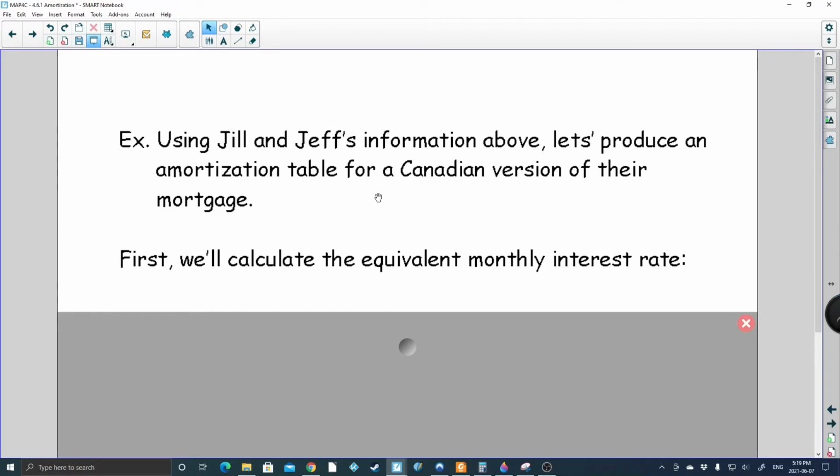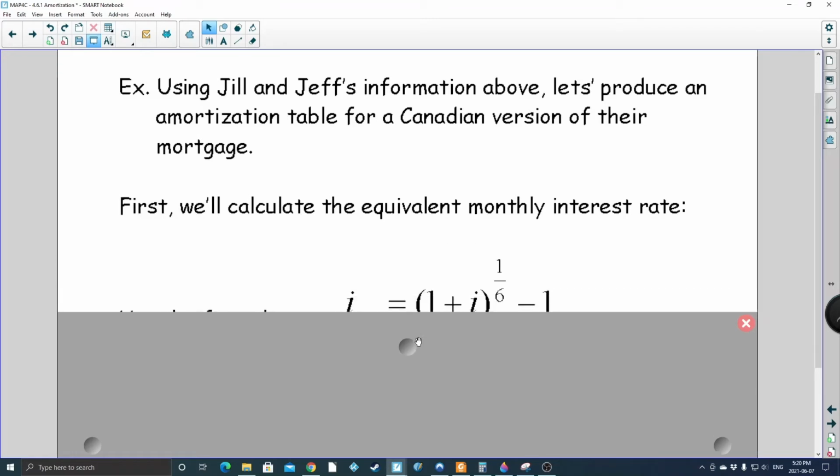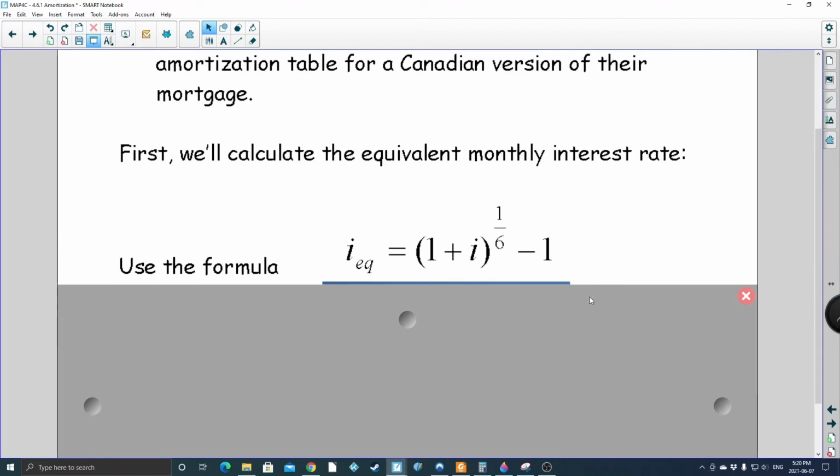So we're going to use the same information from above, but we're going to do the Canadian version of it. So it's still going to be that $112,450. It's going to be 12%, but this time it's for a Canadian mortgage. So the first thing we're going to do is calculate the equivalent monthly interest rate. This is a new formula that will be given to you on a formula sheet if you need it.